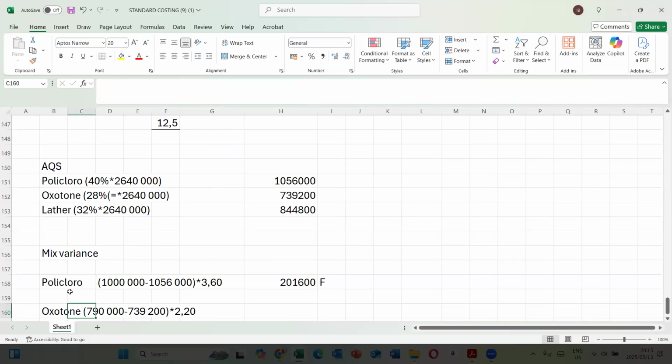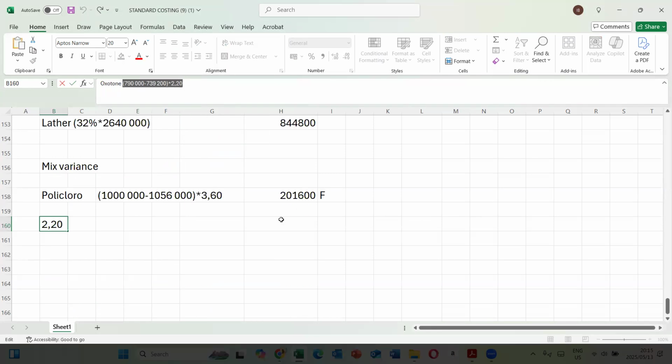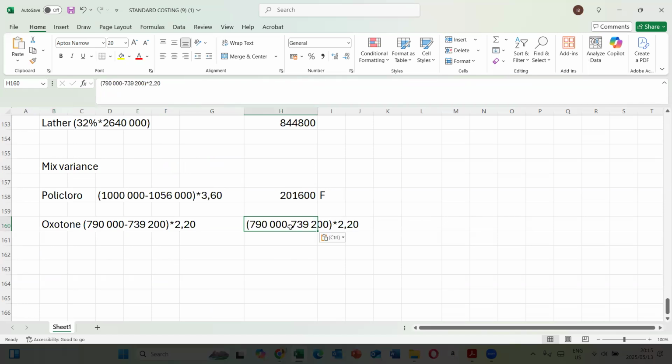All right, it will give us our variance there. Favorable or adverse, guys? Adverse. So we used more material compared to what we should have used, right? So it becomes adverse. All right, well done, guys. So you can just write A for adverse, right? Or U for unfavorable is also fine.